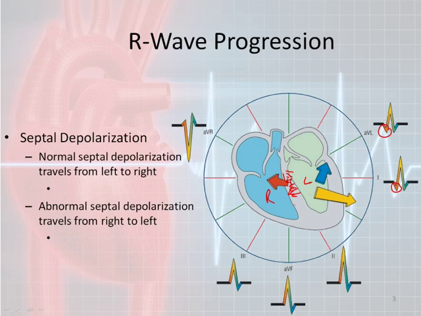Because it is depolarizing from left to right, it is depolarizing away from these lateral leads. And as we know, any signal that travels away from the positive electrode is going to have a negative deflection on the QRS complex. So normal septal depolarization travels from left to right, giving us a small Q wave in the lateral leads.